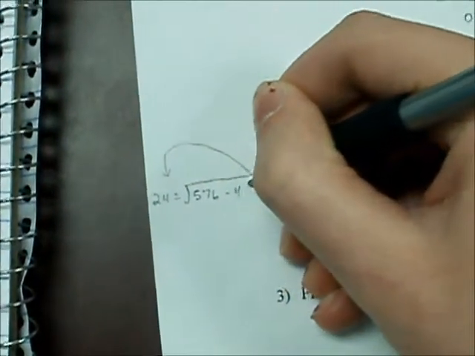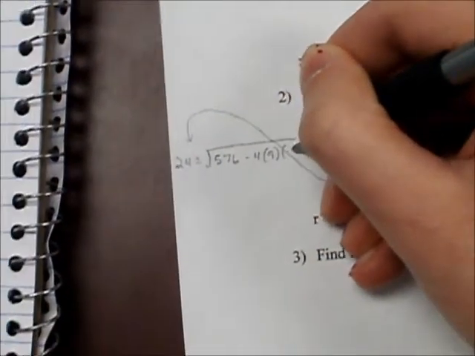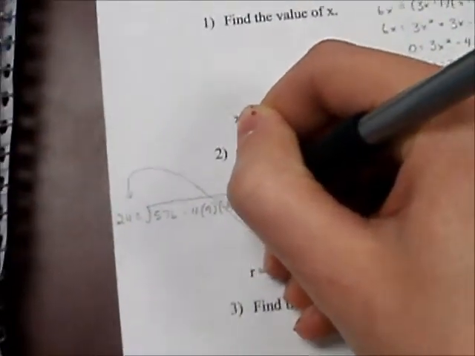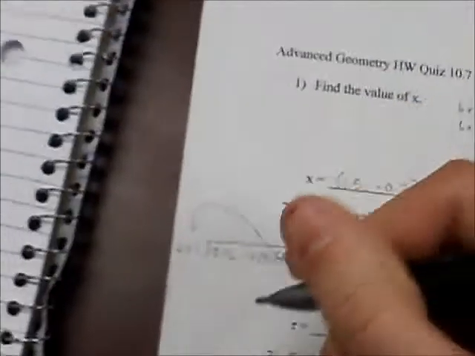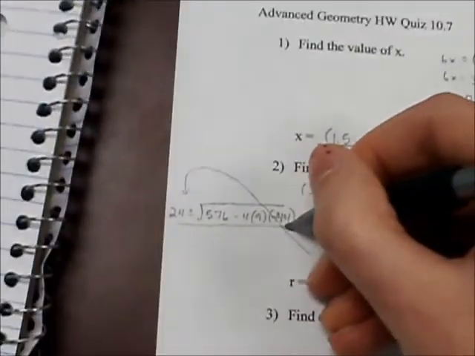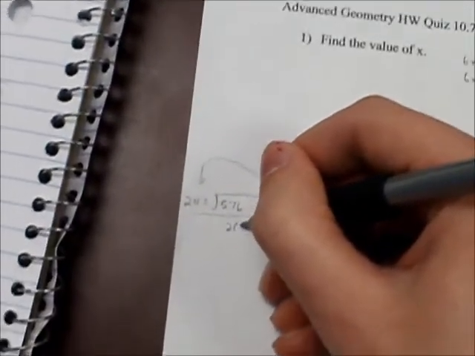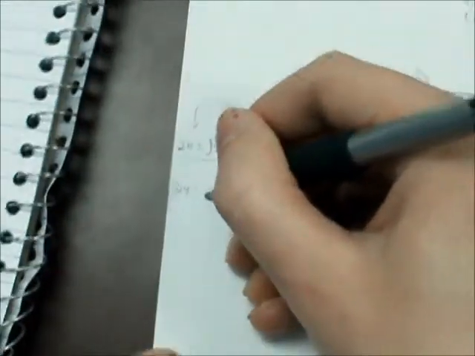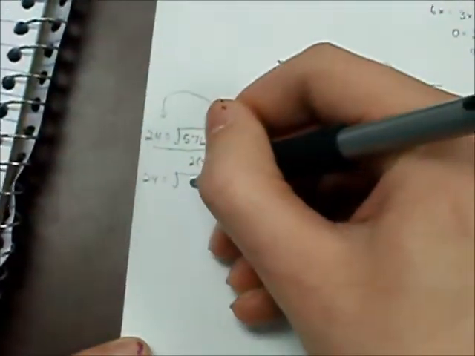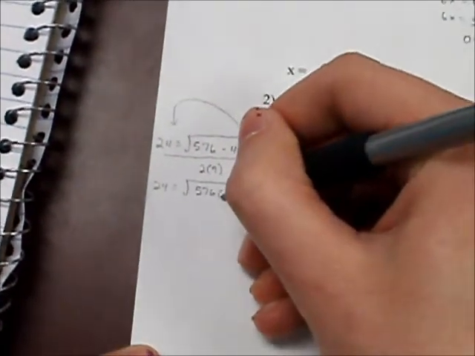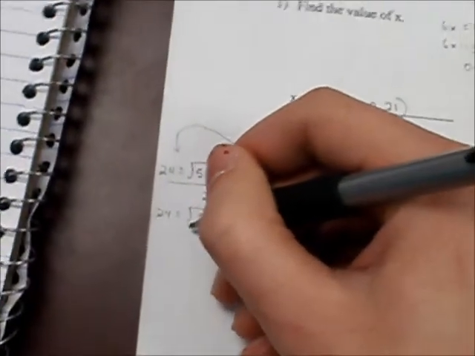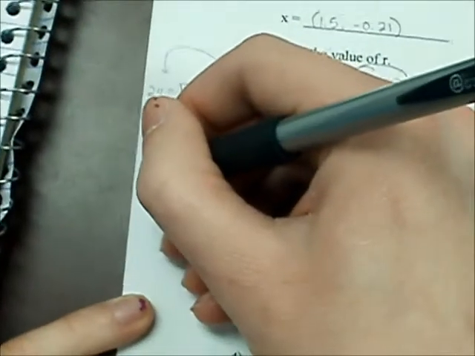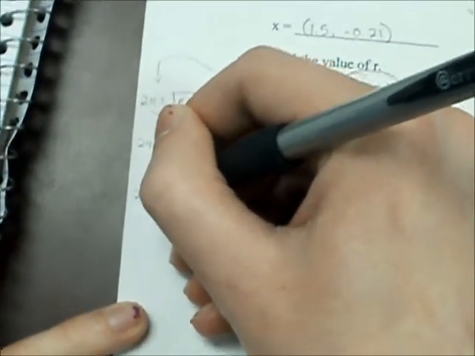Simplifying, 24 plus or minus the square root of 576 minus 4 times 9 times negative 144, over 2 times 9. Simplifying, 24 plus or minus square root of 5760, all over 18.